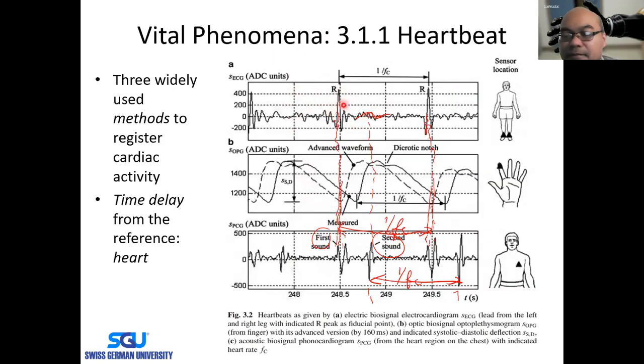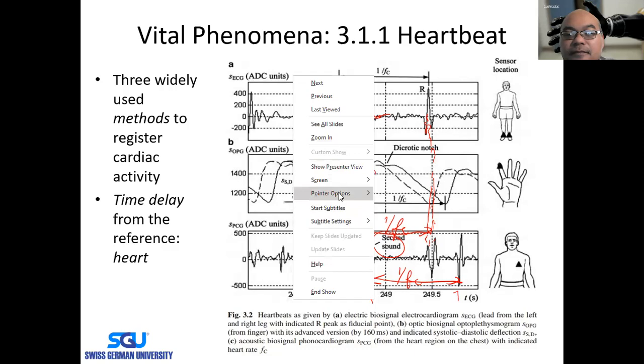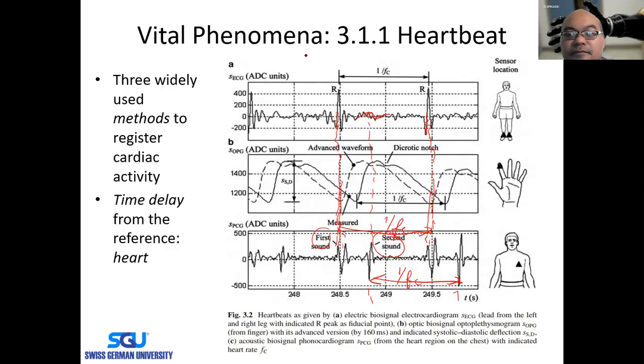Sir, I want to ask, what is the T wave? The P wave, remember, was in the previous section on the heart. So this is P, Q, R, S, and T wave.